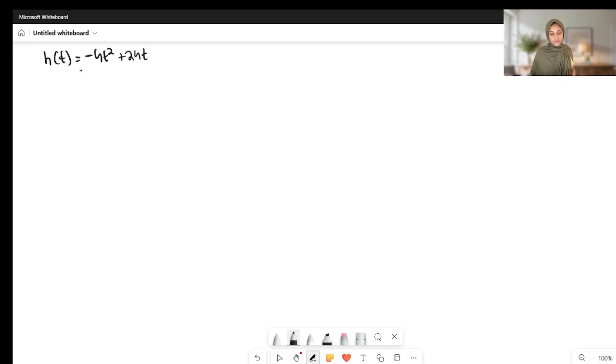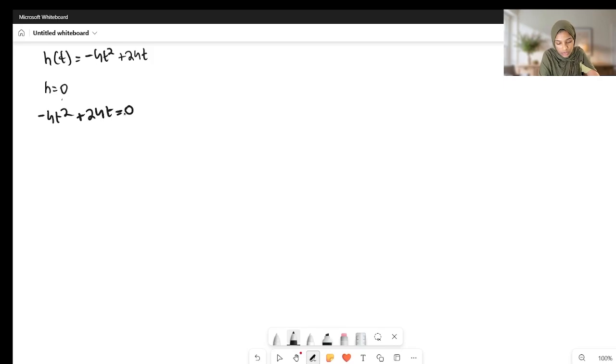Okay, so this is the question. Now we need to find at what time it will reach the ground. To find that, the height is going to be 0 since it's on the ground. So then it's going to be minus 4t square plus 24t is equal to 0.